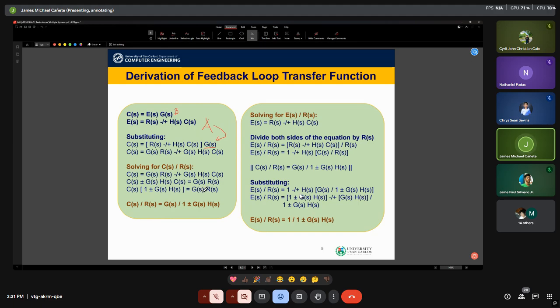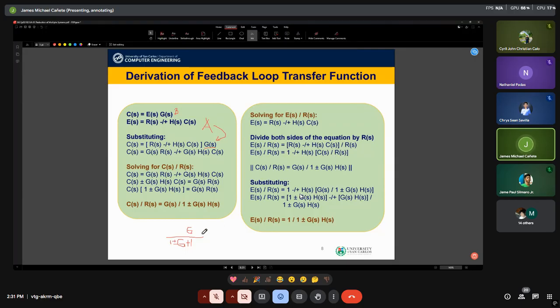Then cross multiply, rewrite everything. We now get the final answer, the simplified formula of the transfer function, as G divided by 1 plus or minus G times H. I'm just omitting S because I don't have a thick marker.